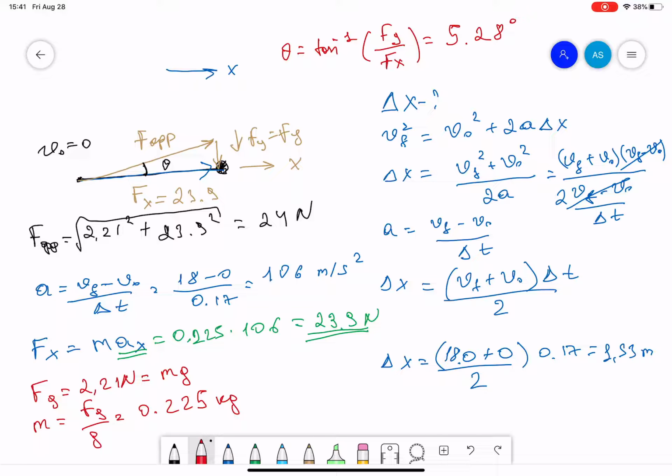So this theta was 5.28 degrees. That means the pitcher has to throw the ball 5.28 degrees from the horizontal, upwards, so that after the release it will fly only in the x direction, or the horizontal direction.